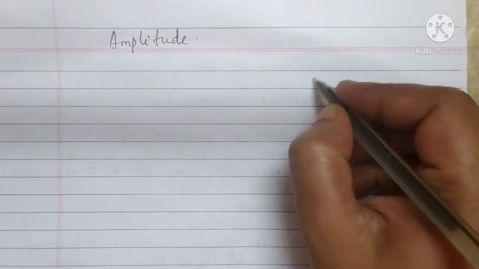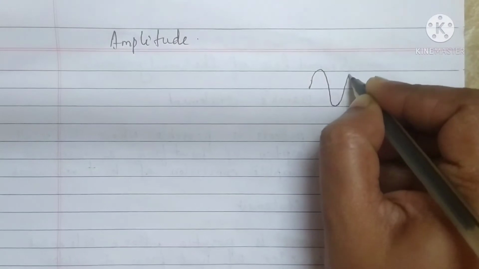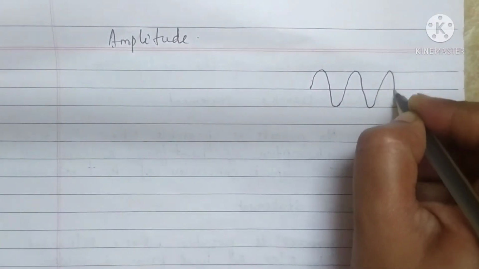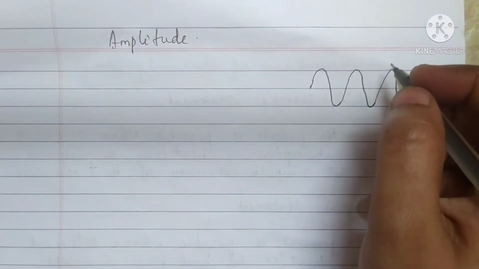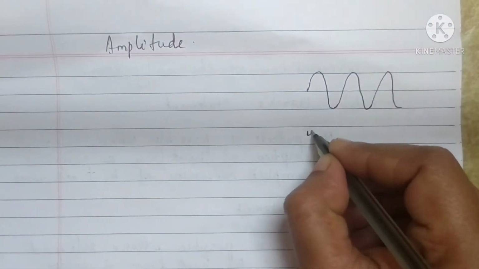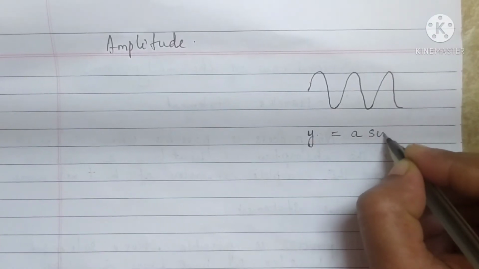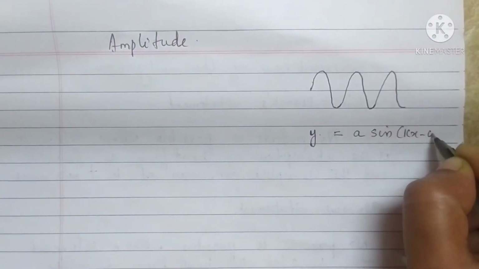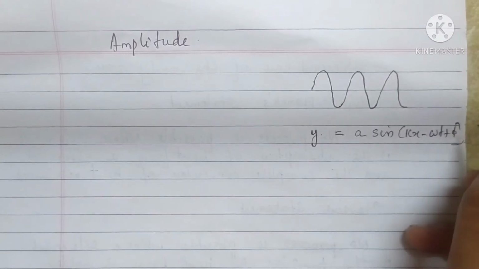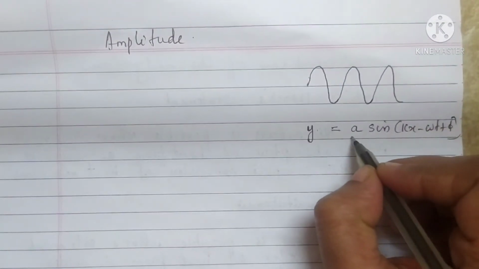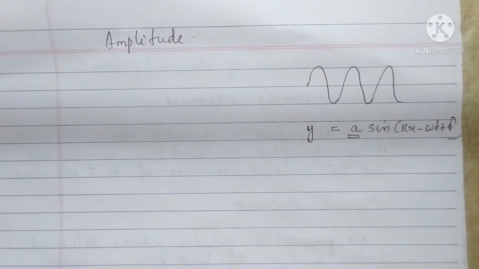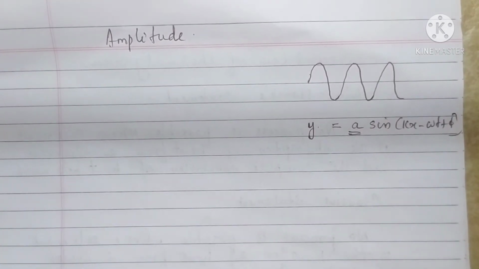So what is amplitude? This is the representation of a wave. And you know how to write the expression: y, the displacement, is equal to A sin(kx − ωt + φ). I told you that A is the amplitude of the wave. In the diagram, if you are asked to denote the amplitude, how will you represent it?